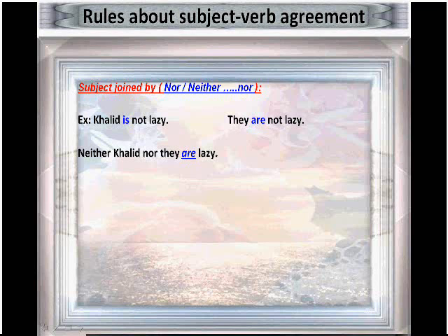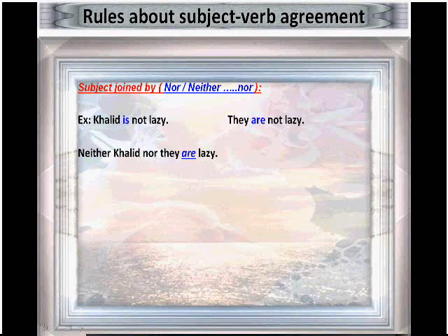If I join these two sentences using neither nor, then we have neither Khalid nor they are lazy. Of course, let me just look at the pronunciation of this word. You can pronounce it as neither or neither. Both are correct. You can find me one time saying neither, another time saying neither, so it's the same. Don't confuse yourselves.